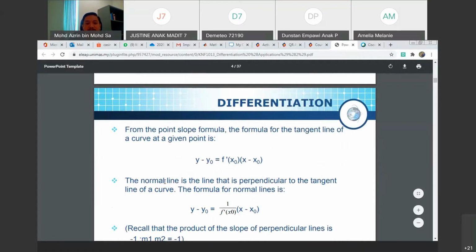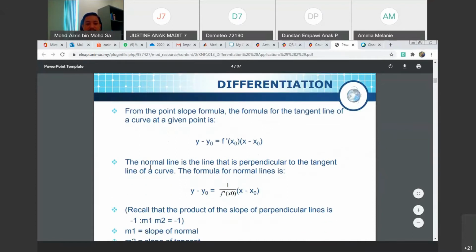The normal line is the line that is perpendicular to the tangent of the curve, and the formula for the normal line is y minus y naught equal to minus 1 over f prime of x naught, times x minus x naught.